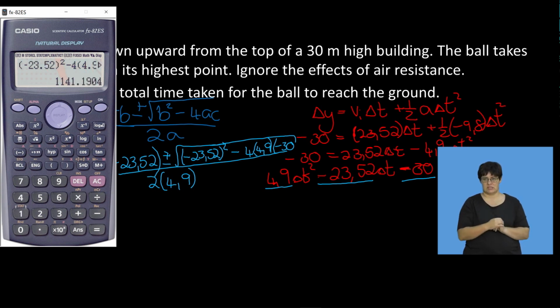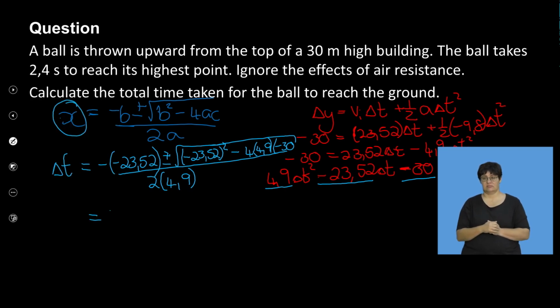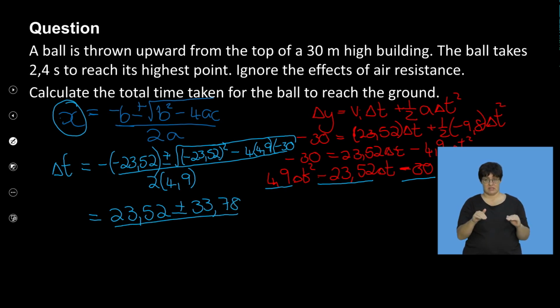And I've got 1,141. It's a positive number, and I'm actually going to take the square root of this straight away because of space. I'm going to take the square root of that answer, and I get 33.78. So this has become 23.52 plus or minus 33.78 divided by, and 2 times 4.9 is 9.8.